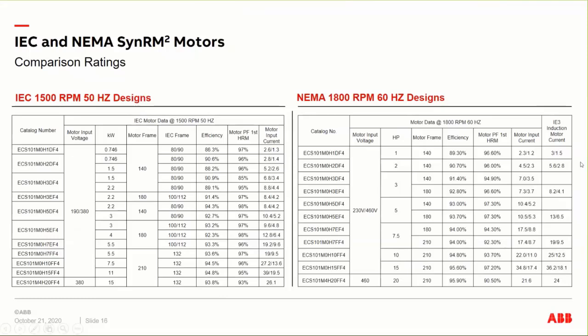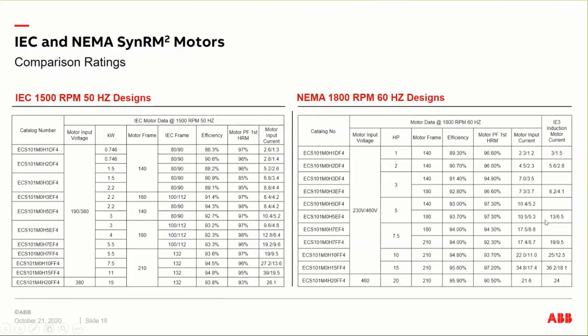Now, one of the things I want to highlight out here is I talked about lower current draw. So I wanted to show that. So here's a 1 horsepower, 2.3 amps at 230 volt, 3 amps for the induction design. So there's a significant difference in the current draw, and depending on where you are here with your power converters, you may be able to get away with a smaller power converter.